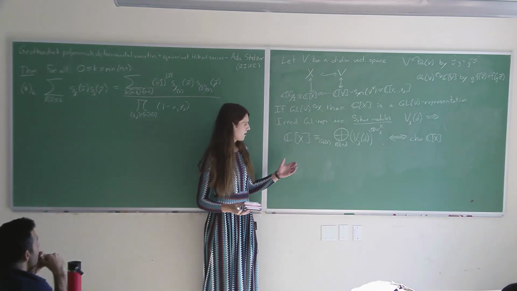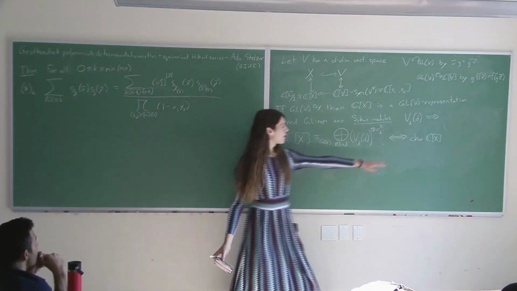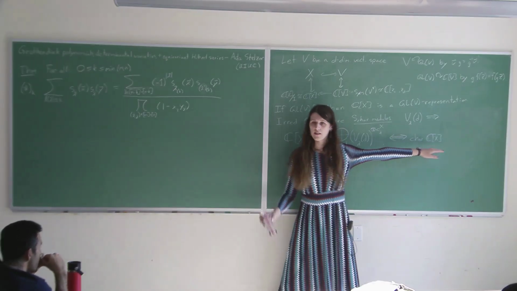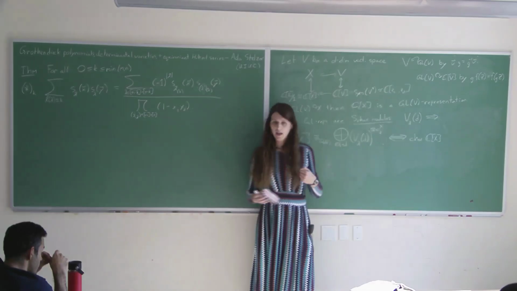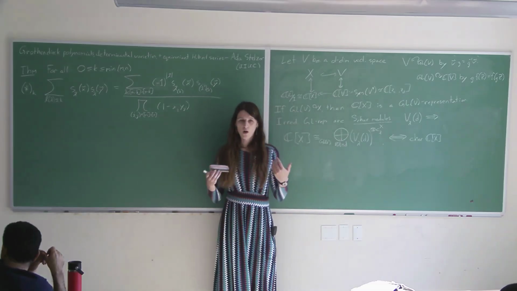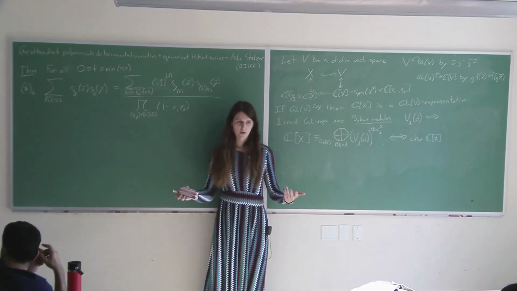Let me back up. If this coordinate ring is a GL representation, then the character has to be a symmetric polynomial. And the characters of the irreducible GL representations are Schur polynomials, which form a basis for symmetric polynomials.